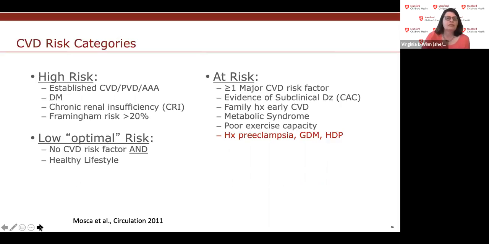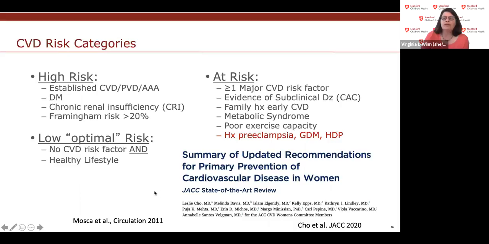I recently came across what is probably the most updated recommendation for primary prevention of cardiovascular disease in women, which came out in 2020. This is a nice paper to look at and review.